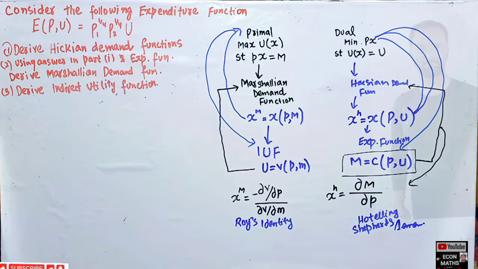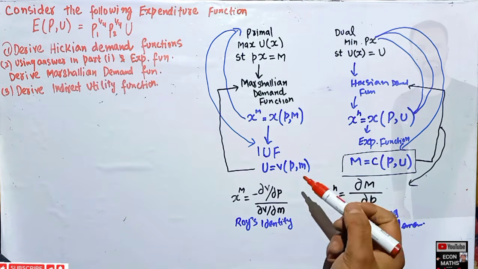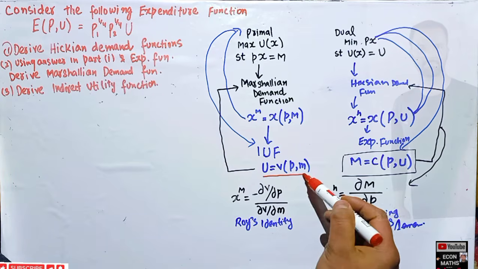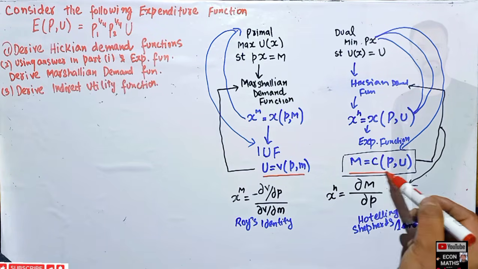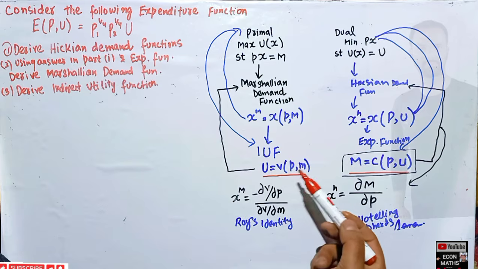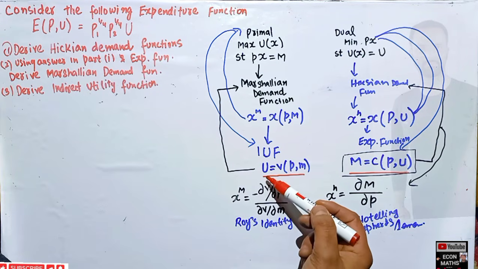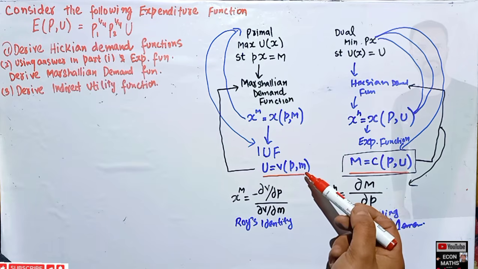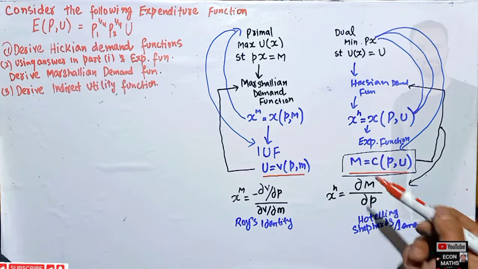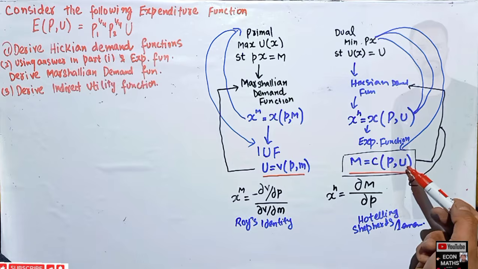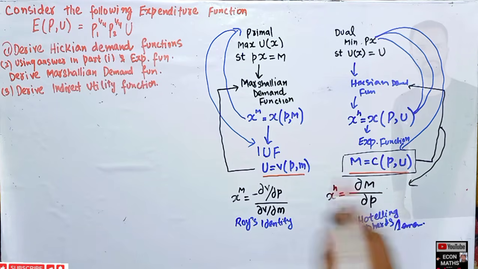Also, since this is our indirect utility function and this is our expenditure function, here utility is a function of m, that means income, and here income is a function of utility. So we can swap them.